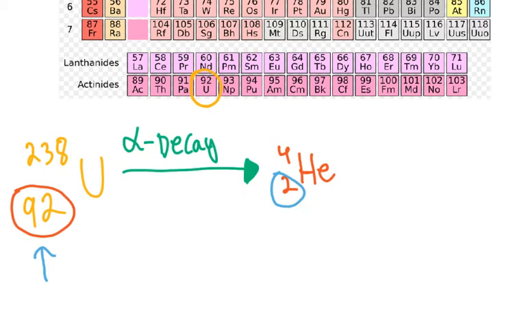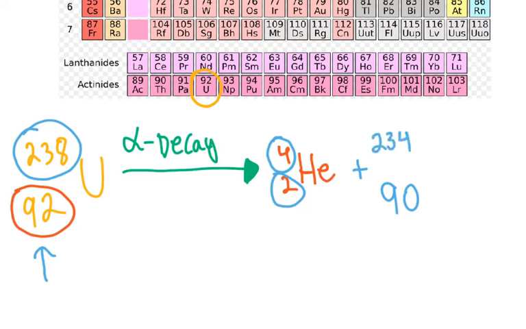Now we're going to have an atom that has 90 protons, and because we just let go of a mass number of 4, it's not going to be 238 anymore. We're going to have an atom with a mass number of 234, because we let go of 2 protons and 2 neutrons. Altogether, our mass number decreases by 4, so we'll put a -4 here.